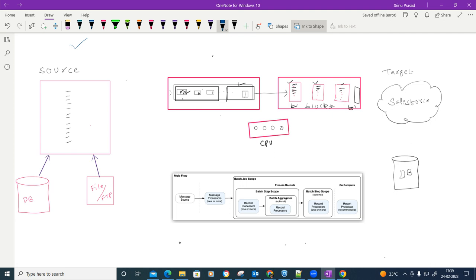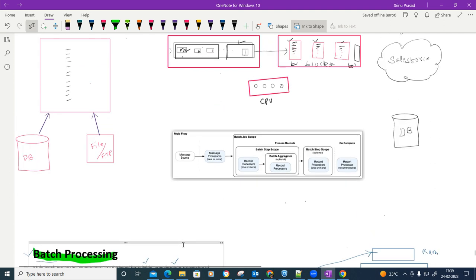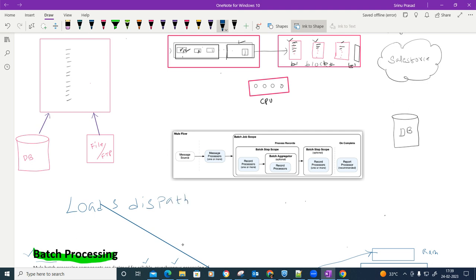Batch processing happens in three steps. The first step is the load and dispatch phase. This is a very important phase, but it is an implicit phase. You can't see this phase in the batch job component.